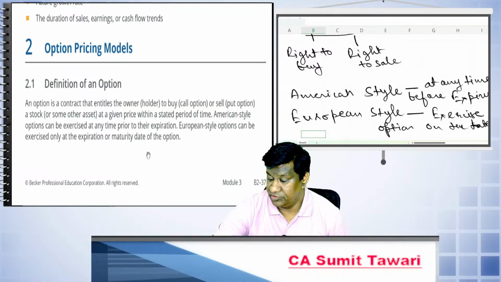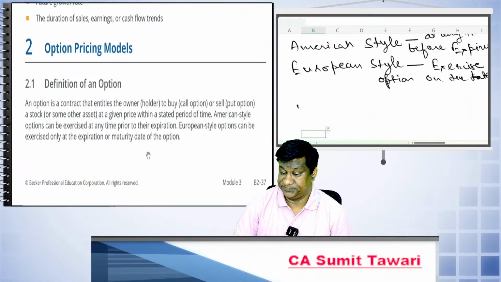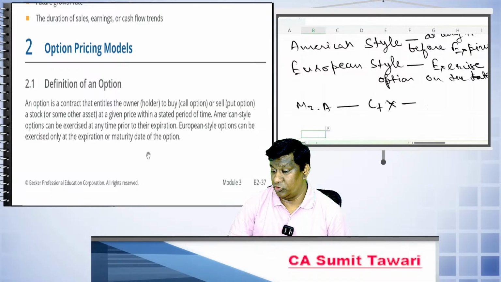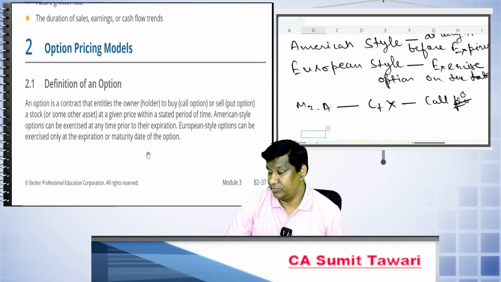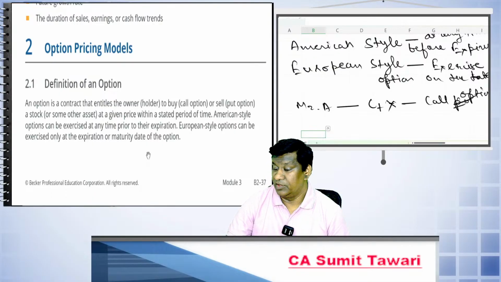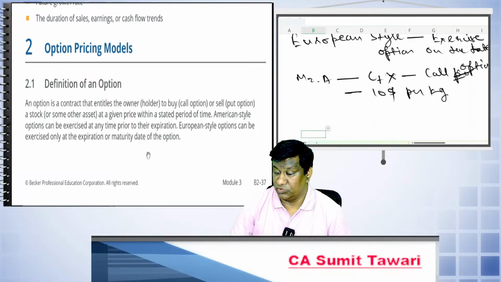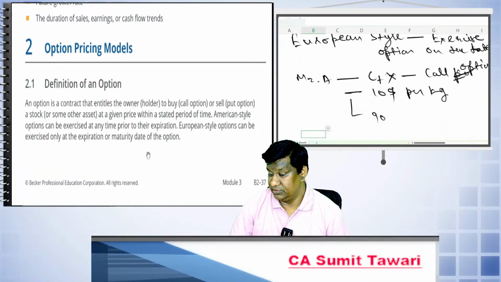Okay, so for example, Mr. A enters into the contract of the option on a particular commodity X, and he is going for a call option, means option to buy, call option, say for $10 per kg, and he took an option for 90 days.